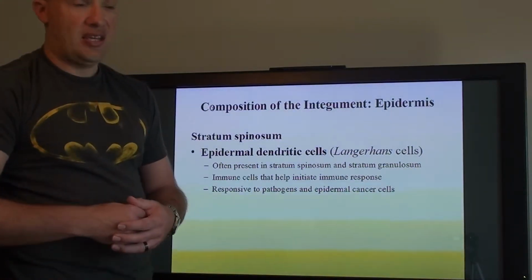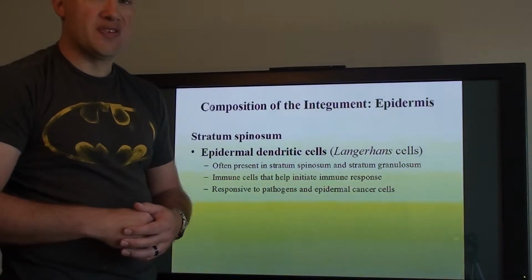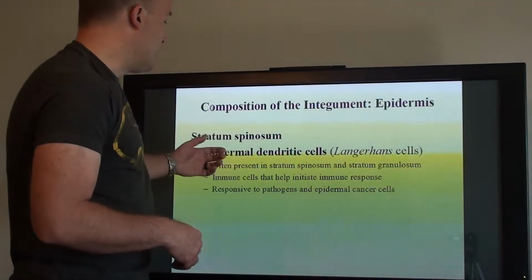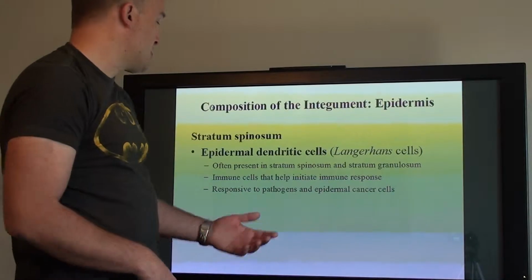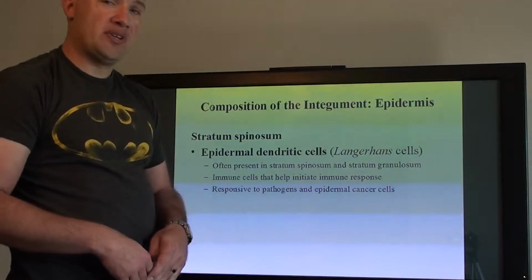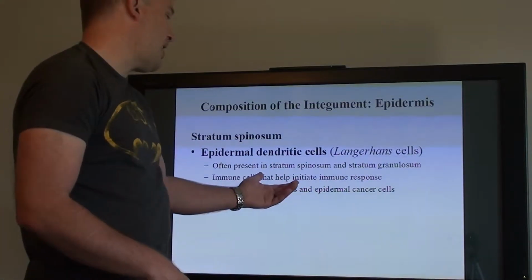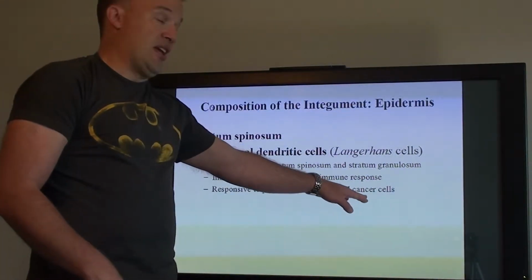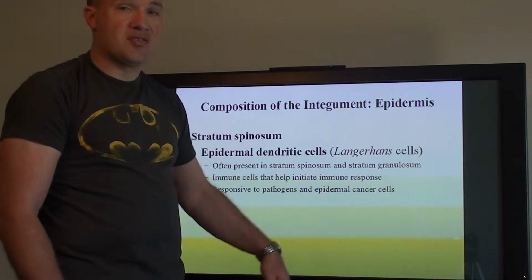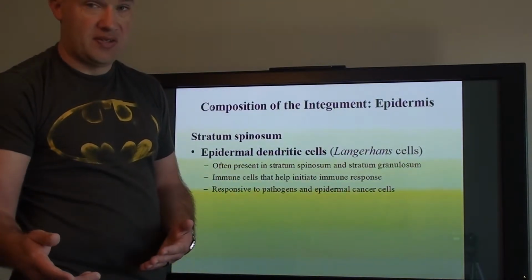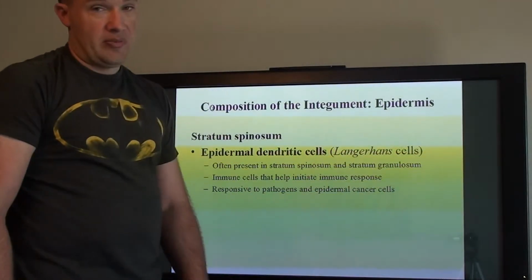So here is an obvious place for immune system cells to occur. Again, in the epidermis, the stratum spinosum, this is one of the first places that we see them. These cells, if they detect something that's foreign, they will initiate an immune response. They can also help eradicate cancer cells that arise from the epidermis. They're found in the stratum spinosum.